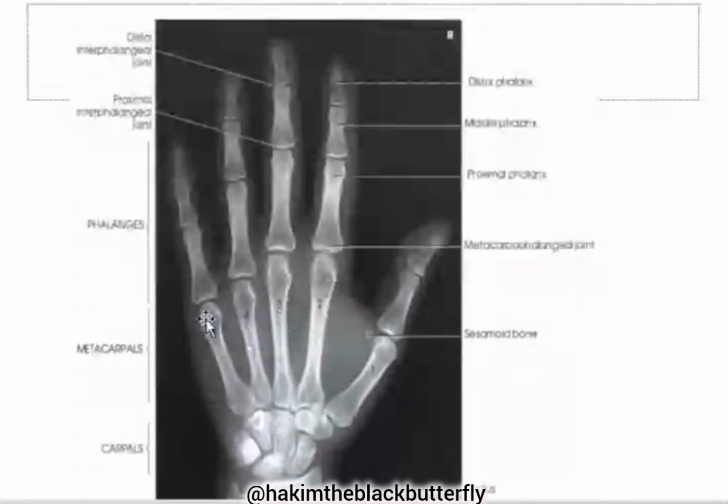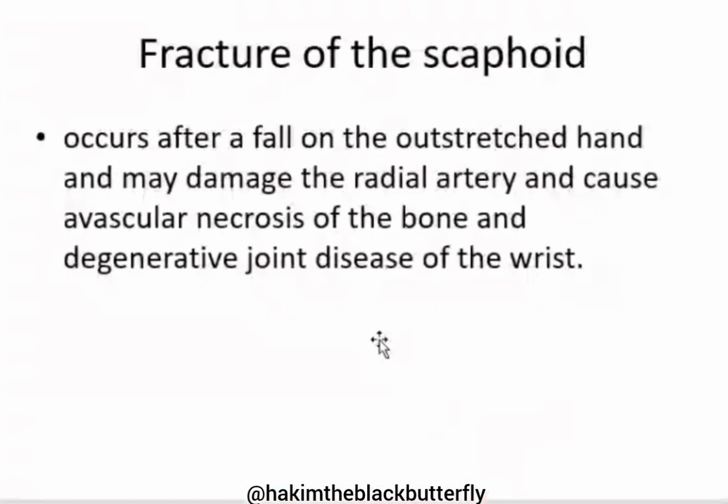Remember, the small finger is digit number 5, the thumb is digit number 1. A sesamoid bone is a bone within the tendons. So those tendons going to the thumb like flexor pollicis longus, within them you have a sesamoid bone to ease the movement of the joint.